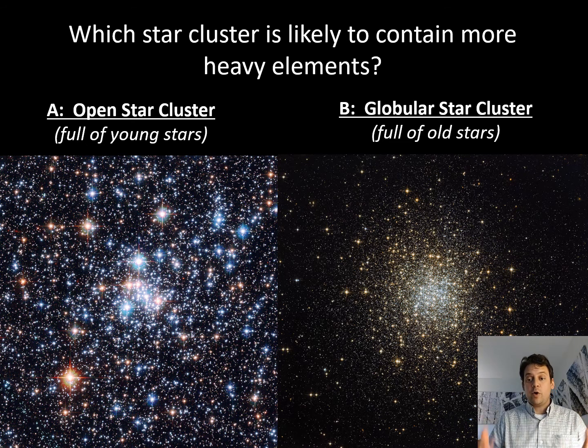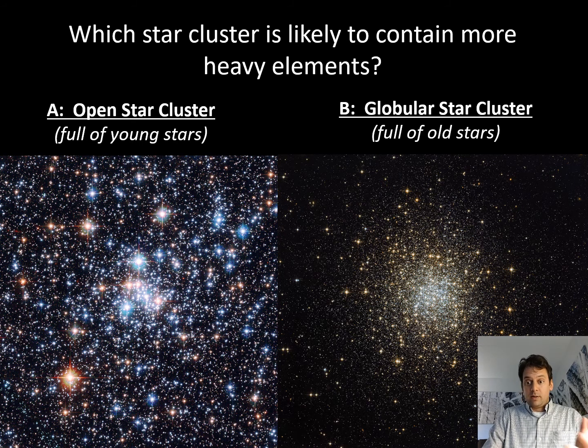Well, in order for the R process to occur, you need to have very massive stars. Now, those massive stars necessarily exist in young star clusters as opposed to old star clusters, because if the star cluster is old, there are no young stars anymore. There are no massive stars anymore. The massive stars have burnt out.